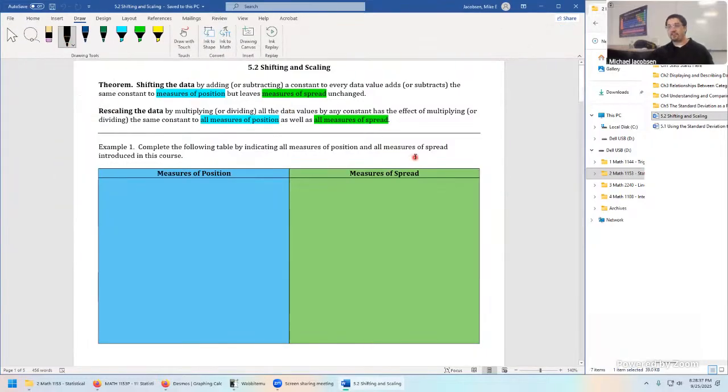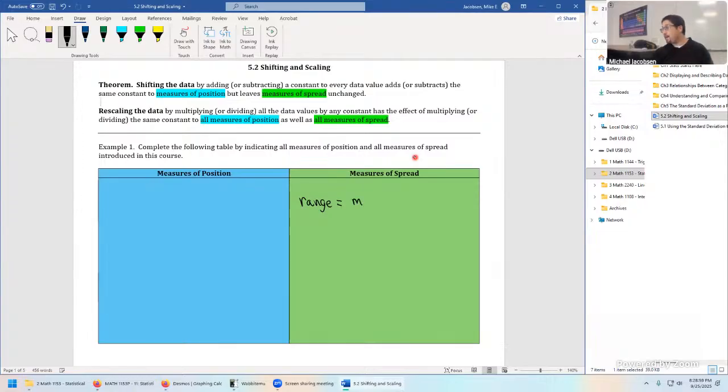Actually, the measures of spread are a little bit easier to identify because there's not very many of them. The first measure of spread, the most blunt measurement of all, we've only used once in this course. It was called the range. It tells you how spread out the data is because it calculates the distance from the maximum to the minimum.